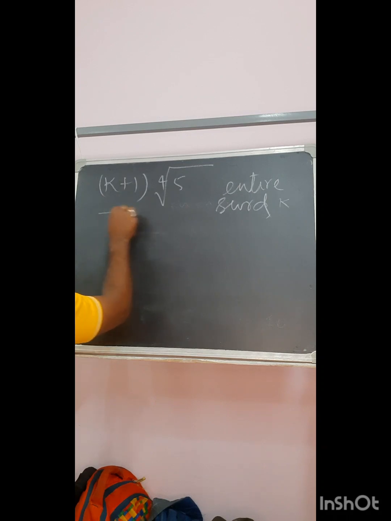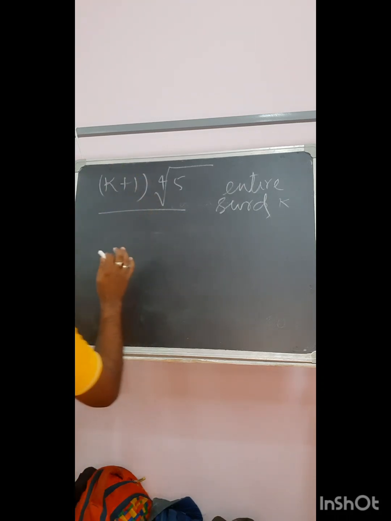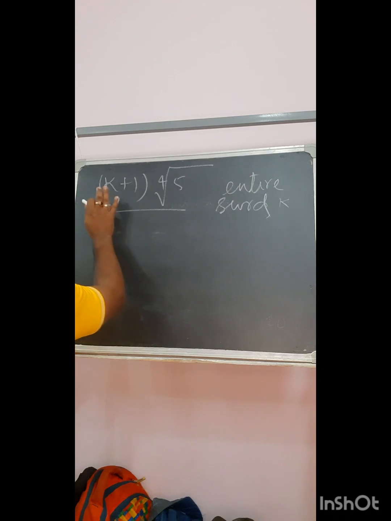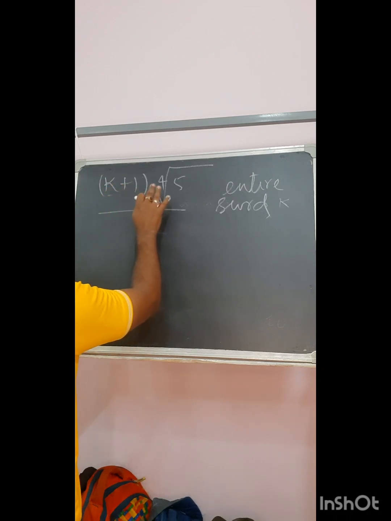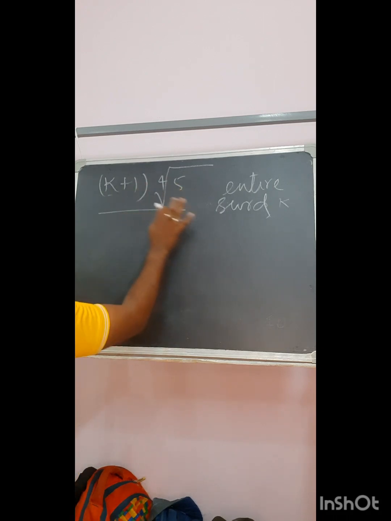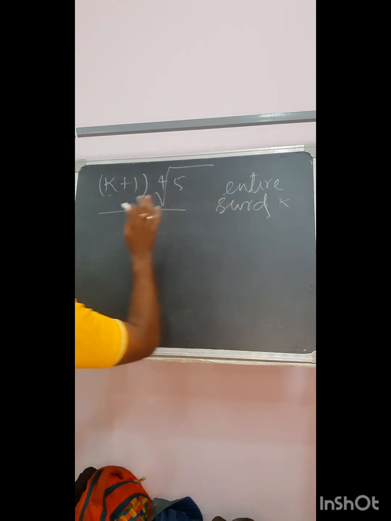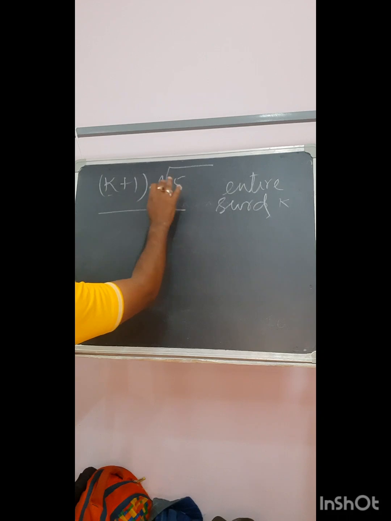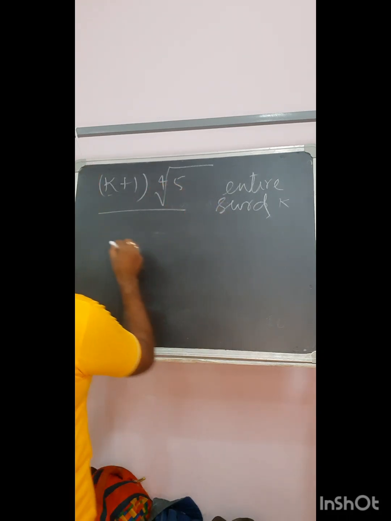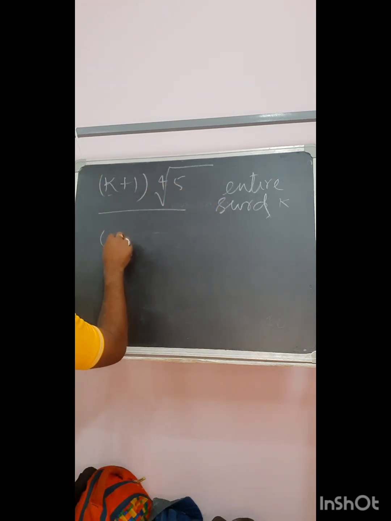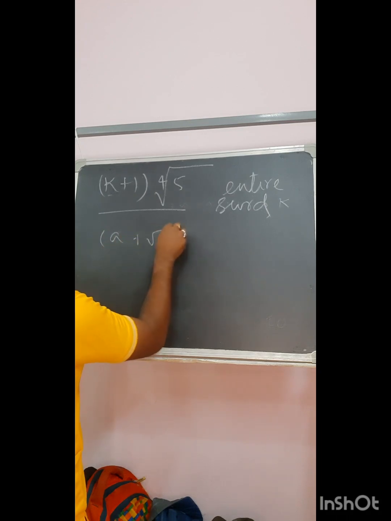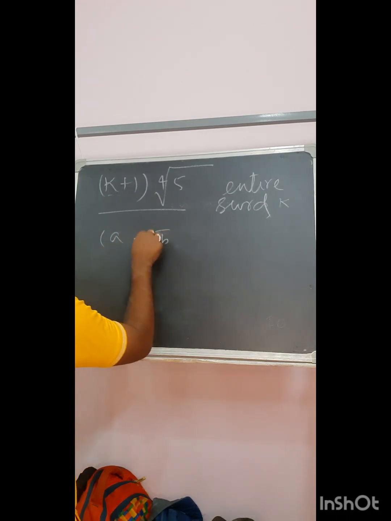So if it is an entire surd, that means k is such that the thing will be a pure surd, meaning it won't change shape, meaning it cannot be represented as a mixed surd, a plus root b kind of thing.